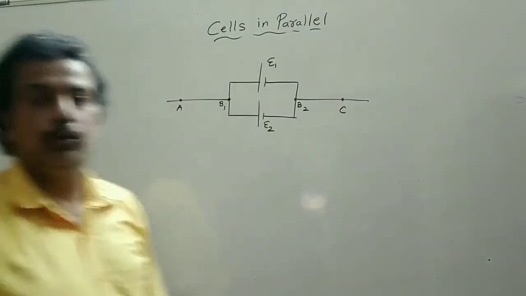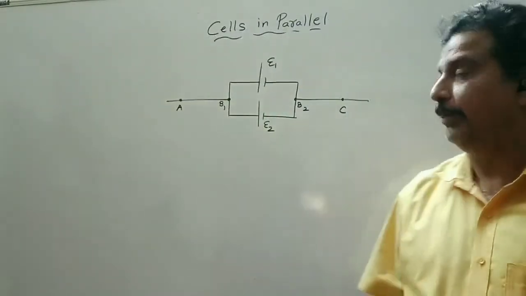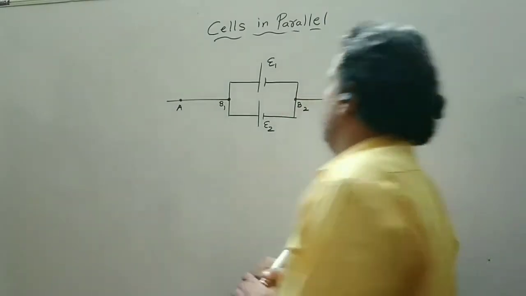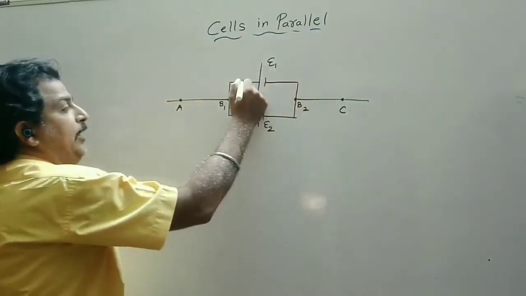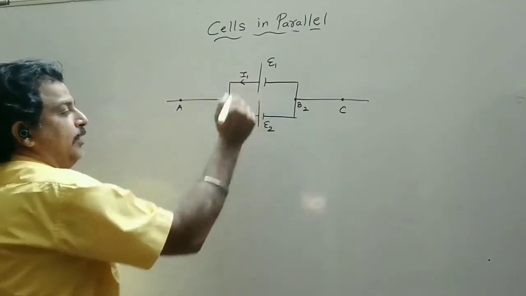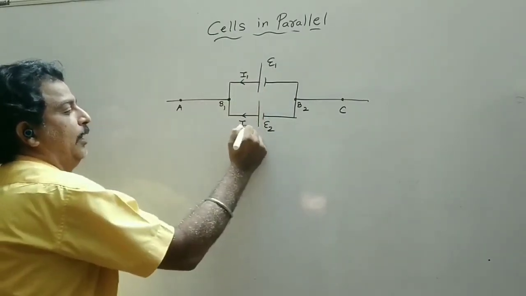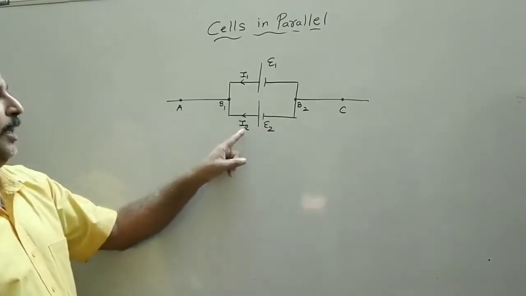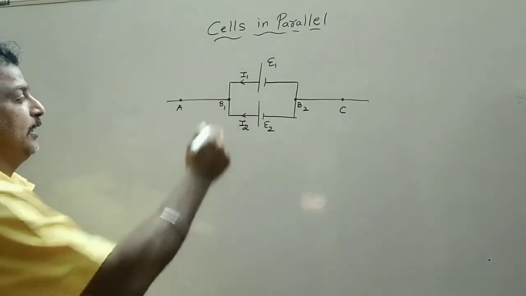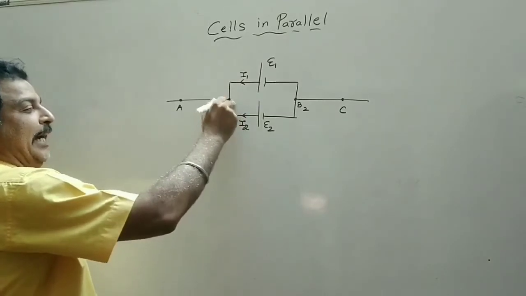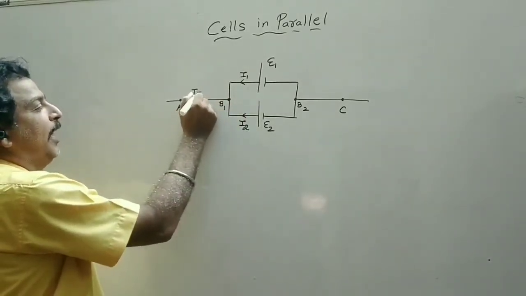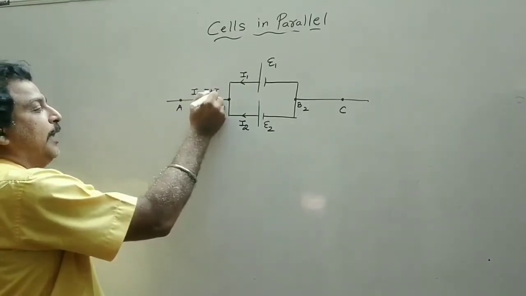Now when the two cells are connected in the parallel combination, the current flowing out from the cell E1 is say I1, and the current flowing out from the positive terminal of E2 is I2. Both these currents will meet at B1 and the resultant current here will be I is equal to I1 plus I2.